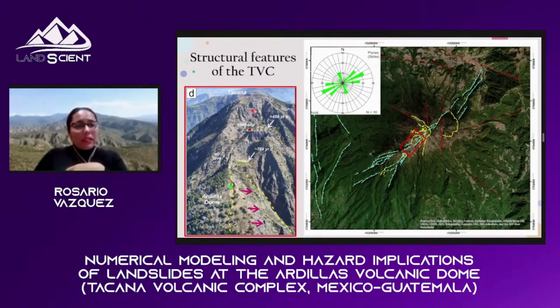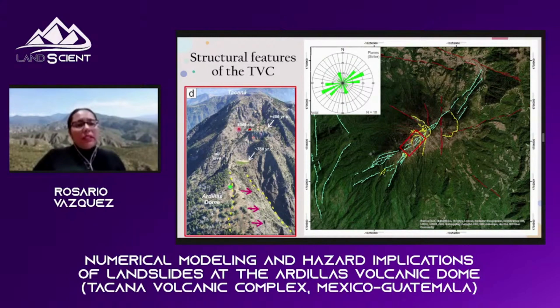We can also see here from this photograph the little crater lake that was formed due to the 760 years explosive eruption. And we can also point out within this photograph the site of one of the most recent eruptions that has been taking place within the complex. I mean, we have 2 phreatic explosions atop of the Tacaná volcano.